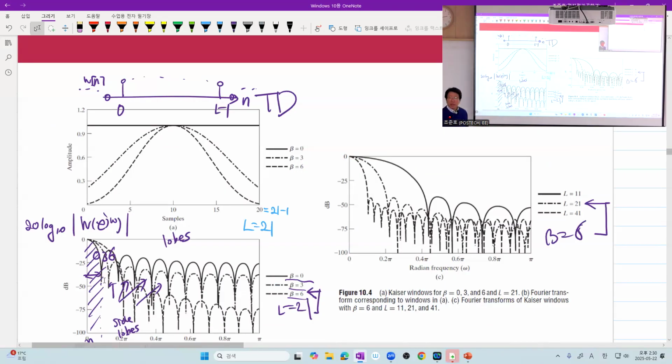So we have a trade-off. That's why, as I told you, even given the family of the Kaiser window, you don't know which parameter set to choose. It depends on your application. Sometimes people just try many different choices of parameters and choose the one that shows the best result. So it's a trick.